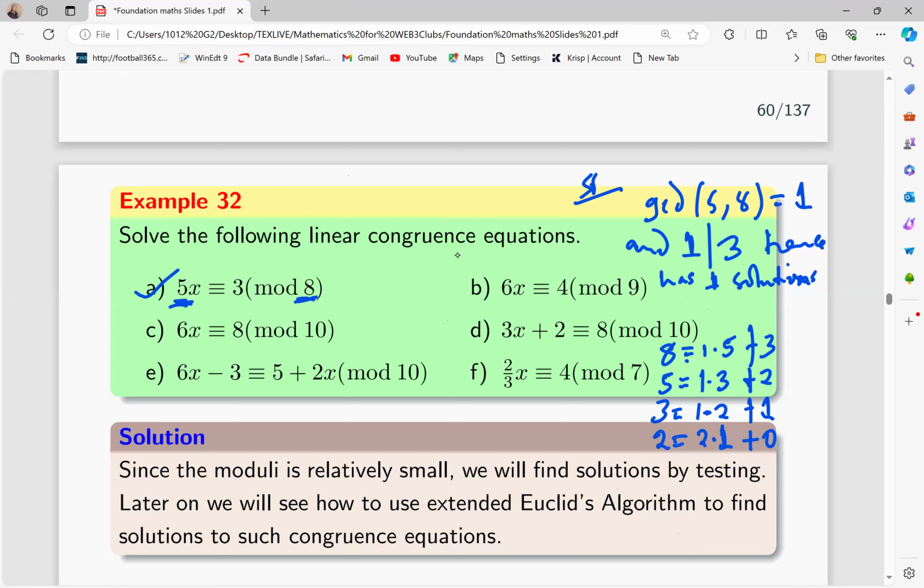Now, the remainder just before the remainder of 0 is the GCD. And you can see we had already said that the GCD is 1. Once you find the GCD, you make it the subject of the formula, and then replace the remainders going up.